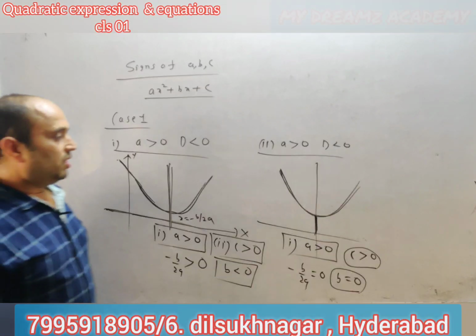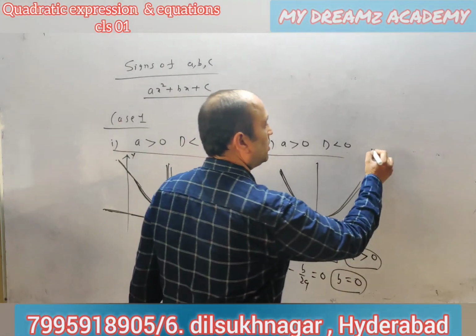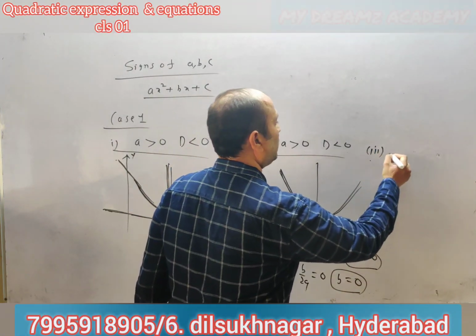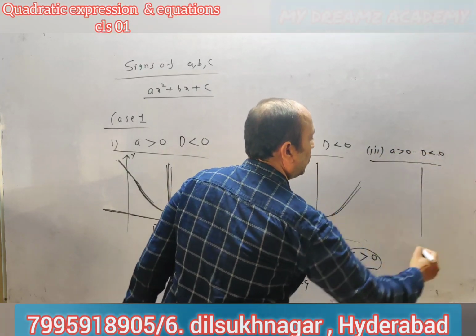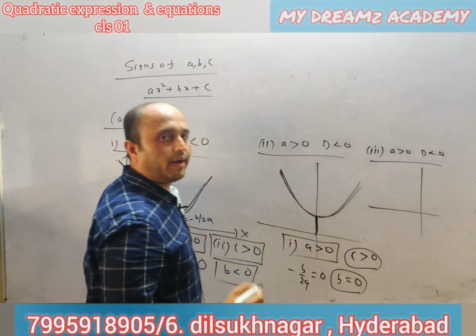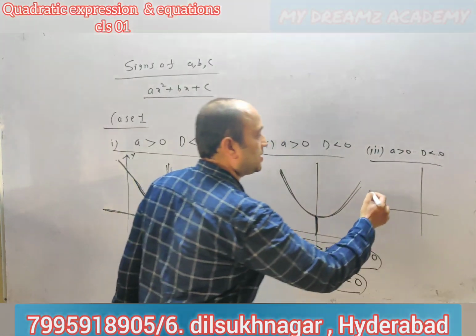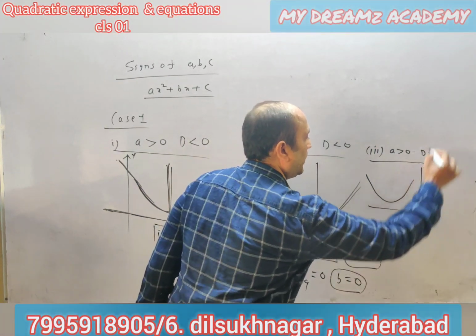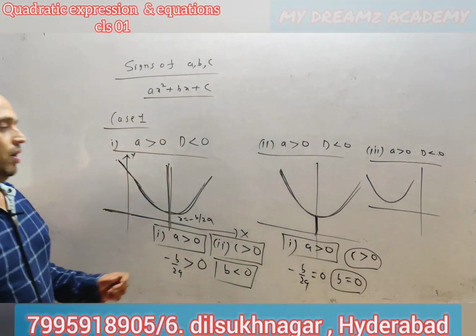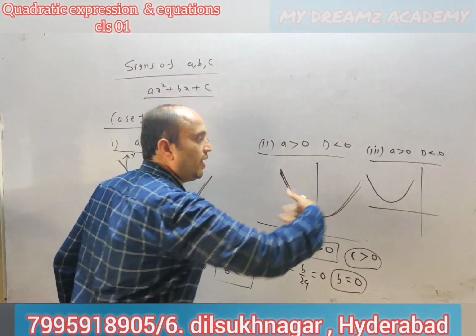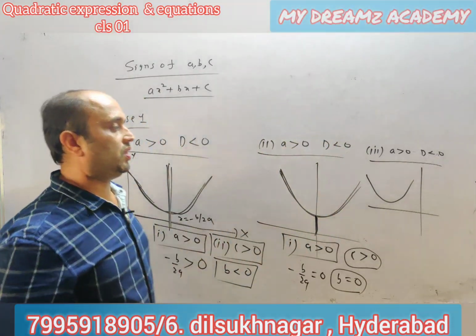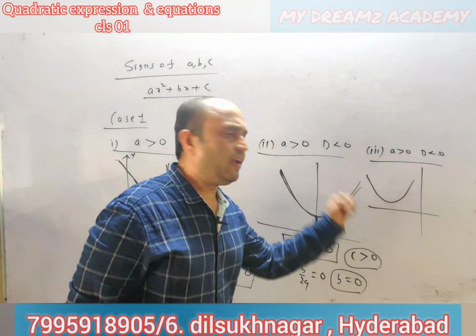Now the third case: if a is greater than 0 and discriminant less than 0, our required curve lies in the second quadrant. First case, first quadrant; second case, lies on the y-axis; third case, lies in the second quadrant.